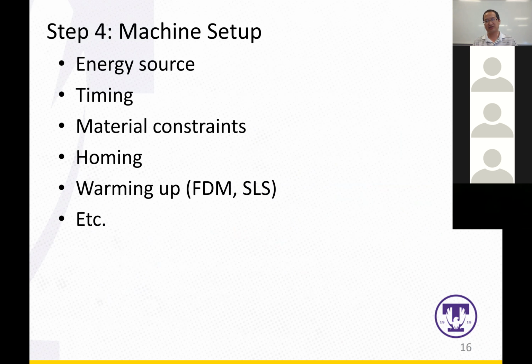And also selective laser sintering, you also need to warm up your machine such that it can be ready to generate the 3D objects. So that's some pre-manufacturing work you need to do before the printing can actually be done.